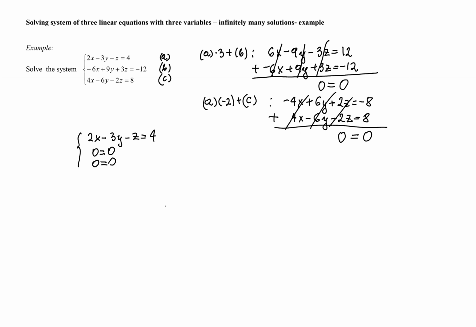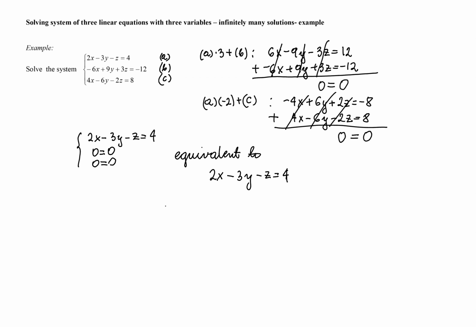The last two equations are true for any values of x, y, and z, and therefore that system is equivalent to the equation 2x - 3y - z = 4. And therefore solutions of the system are solutions of that equation.